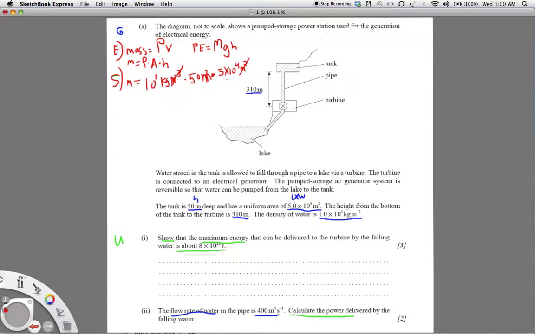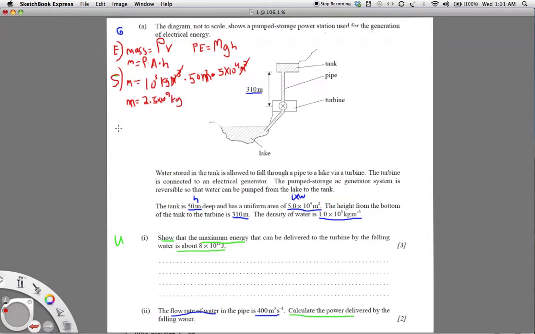I'm left with kilograms, and that's what I want because mass should be in kilograms. You might want to stop the video and do the calculation real quick. My mass in this case is 2.5 times 10 to the 9th kilograms.